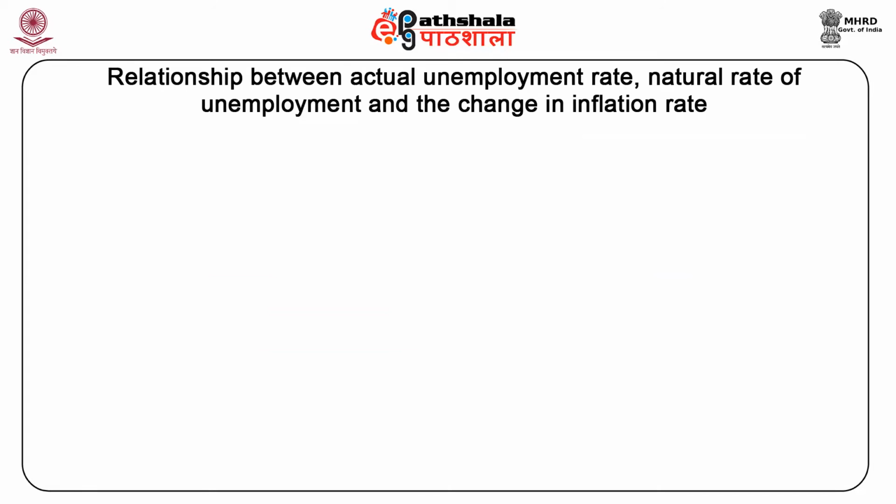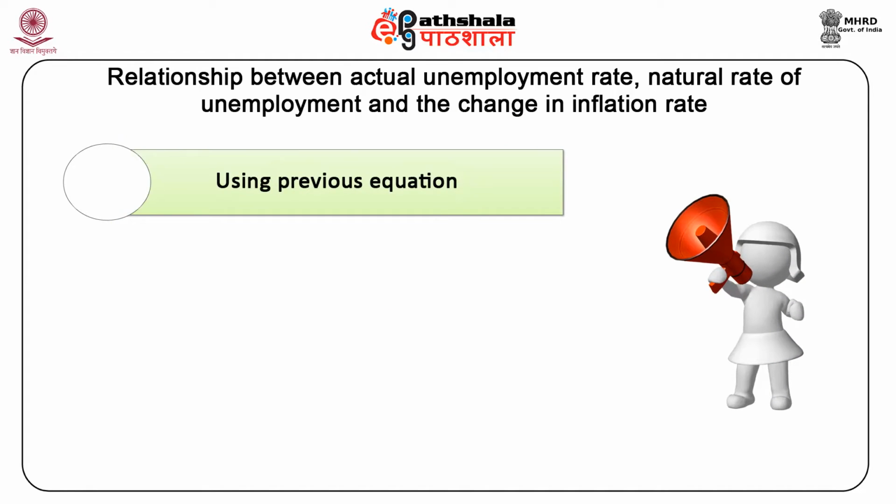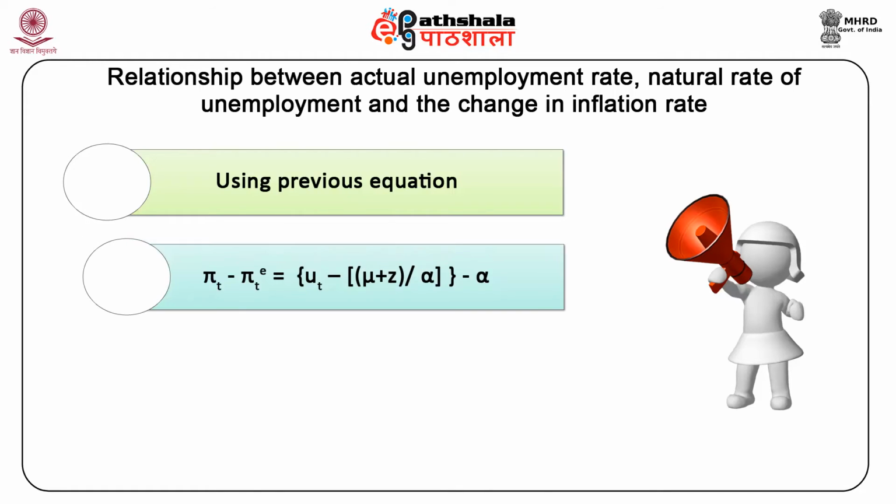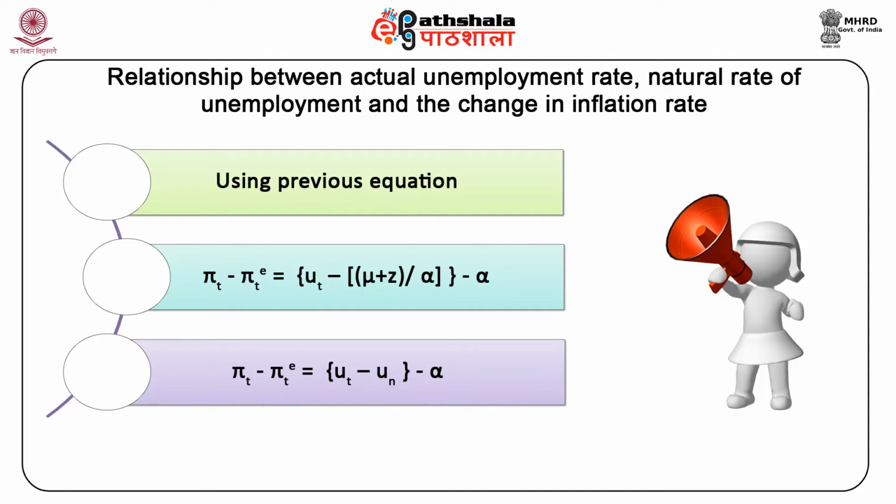Using the previous equation, inflation in time t minus expected inflation in time t is equal to ut minus mu plus z upon alpha, times minus alpha. Therefore, we get inflation in time t minus expected inflation in time t is equal to ut minus un times minus alpha.